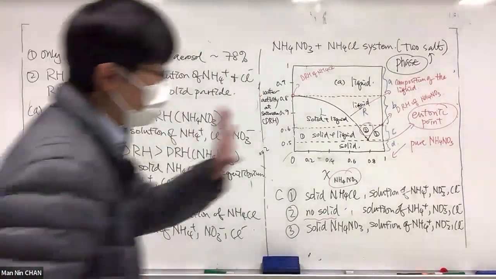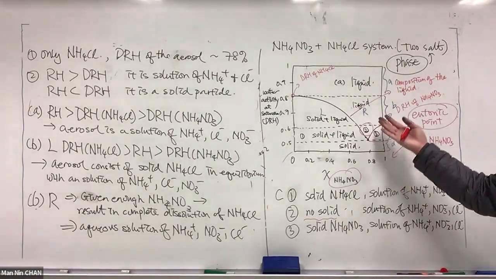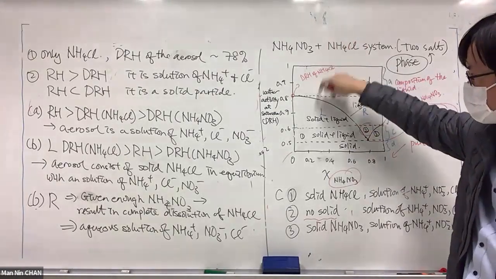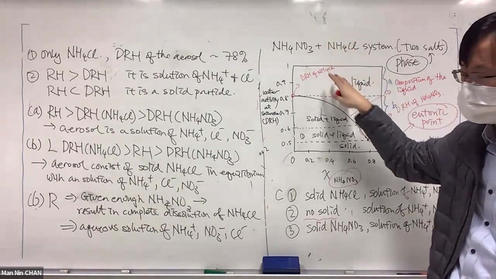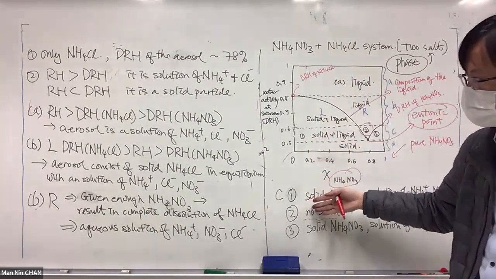But I think the overall message for this graph is you can see, above a high RH, of course, you have a pure solution phase, and then at low RH, you have a pure solid phase.